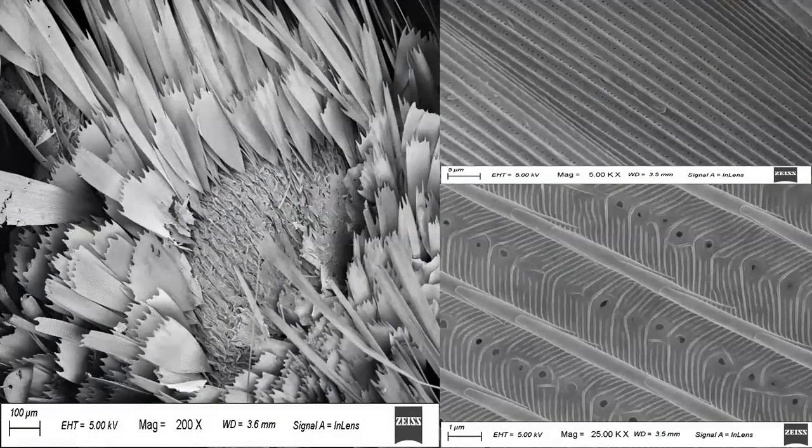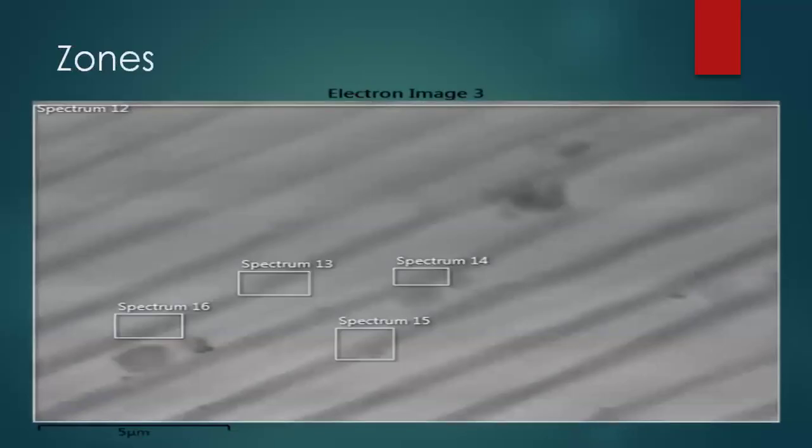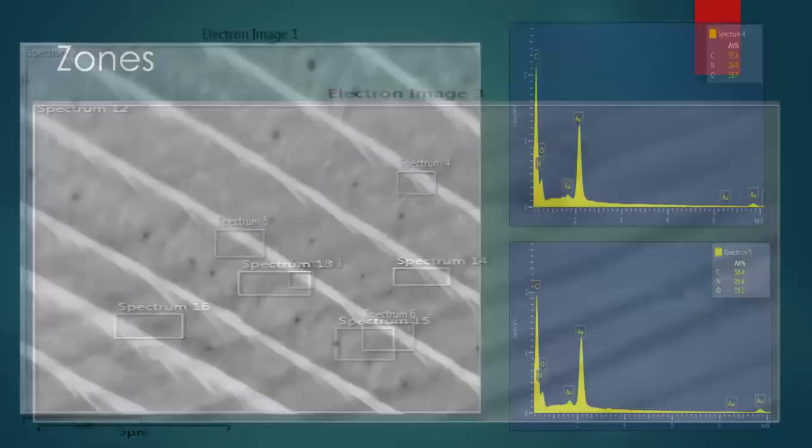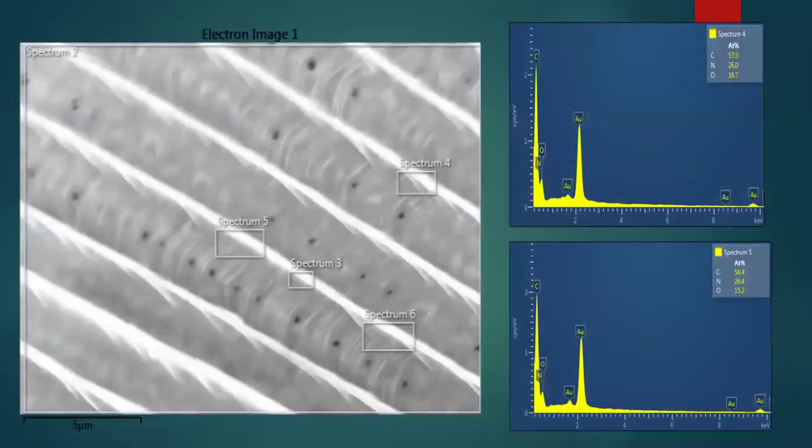FESEM was done in an extensive way, and you can well appreciate when EDX is done in the various spectral regions of the wings, we have found evidence of all the elements that constitute the chitin layer. So this is very important.